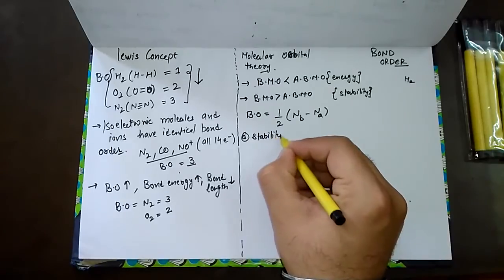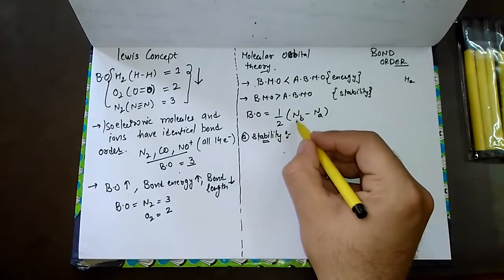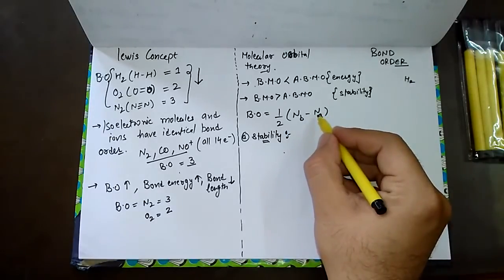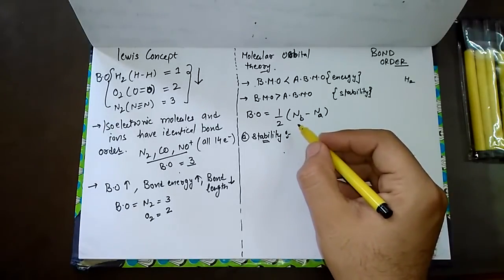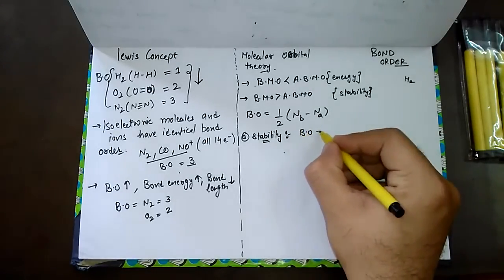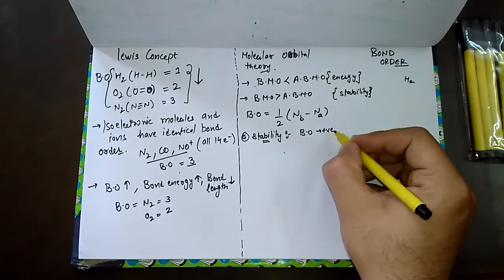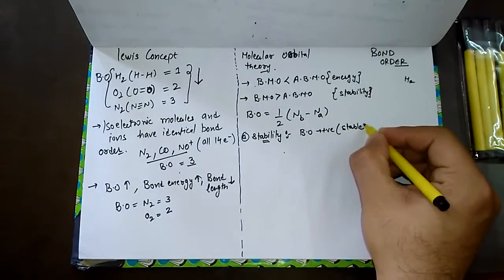If we write the configuration and calculate the number of bonding and anti-bonding electrons, subtract those values and divide by two. If the value of the bond order is positive, we call it stable in nature.